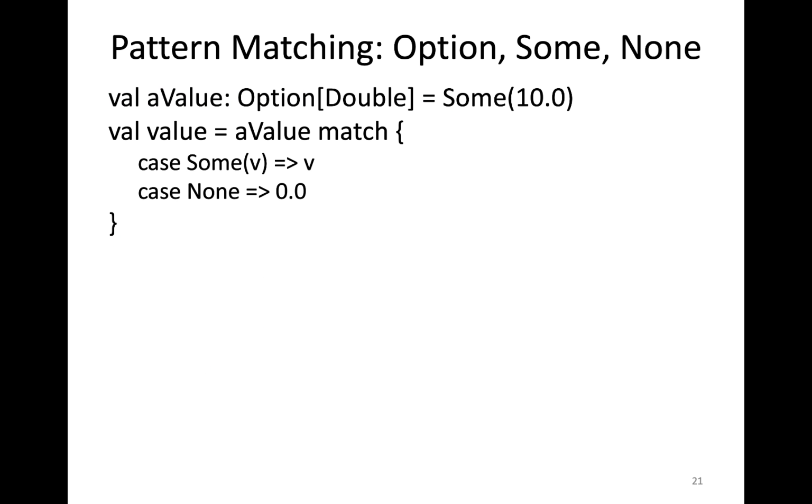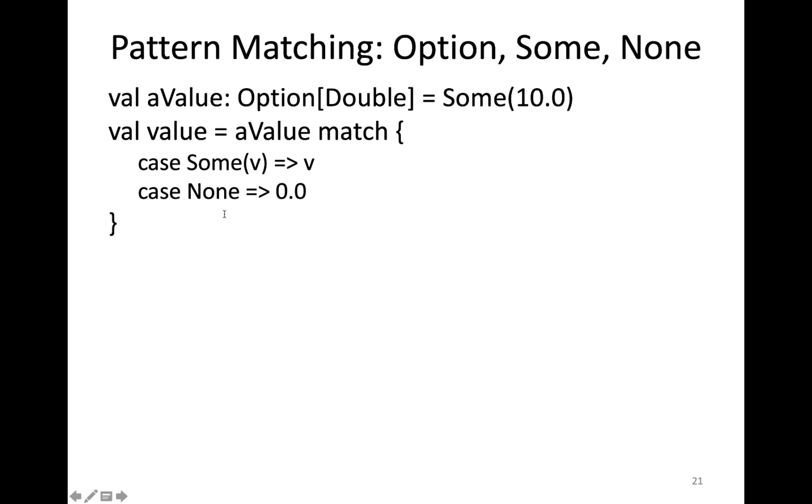Okay, and using this Option concept and Some and None concept, you can do many other sophisticated programming. This example here shows, given a Some which encapsulates this double 10.0, how we can extract the inner double given such an Option.